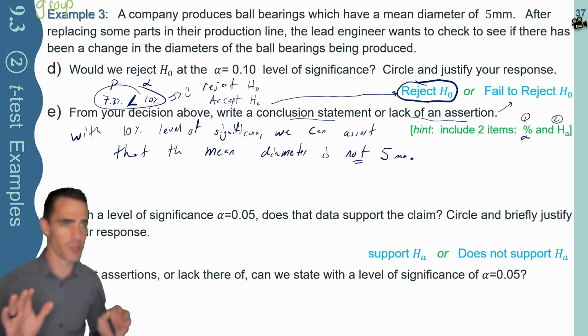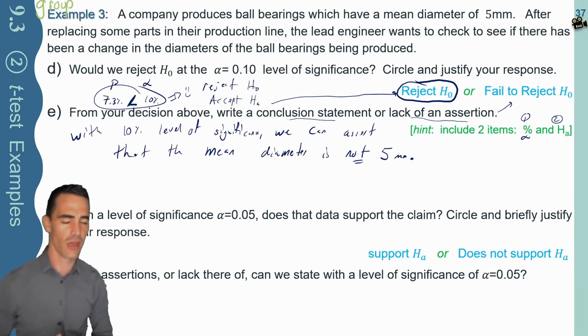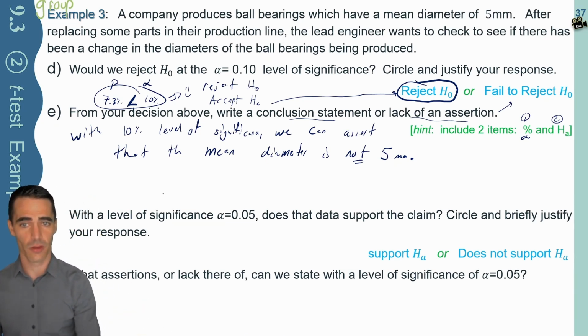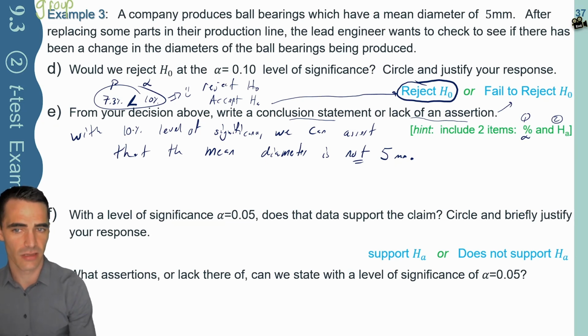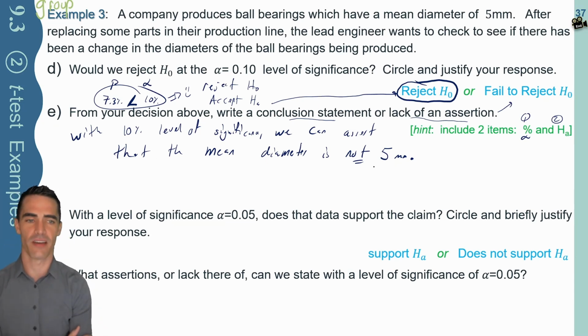That's the engineers' suspicion, right? When we're looking at those ball bearings being produced, we replace these new parts. Well, we can confirm with 10% level of significance, that's my level of certainty, that, yeah, correct, the mean is not 5 millimeters. Okay, make sure you always include those two ingredients.